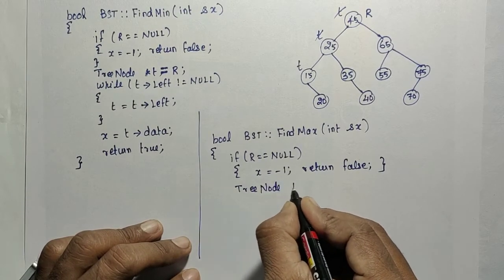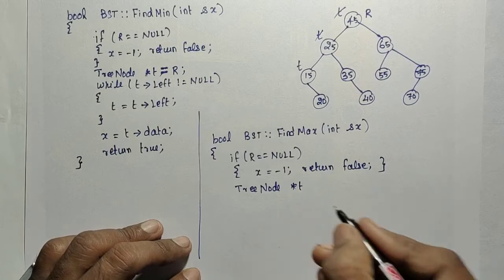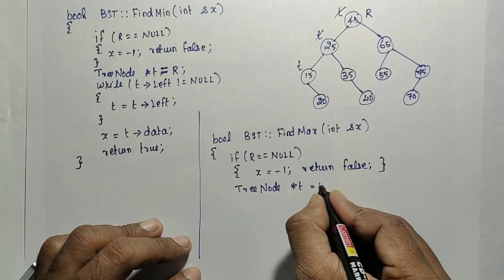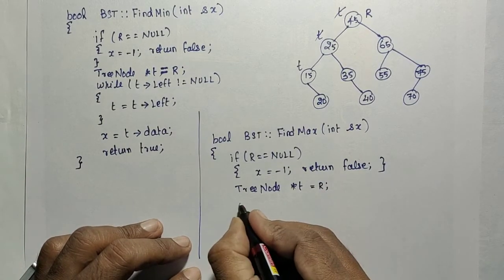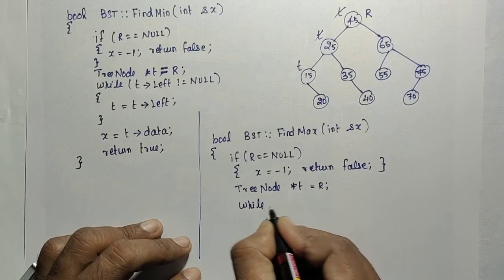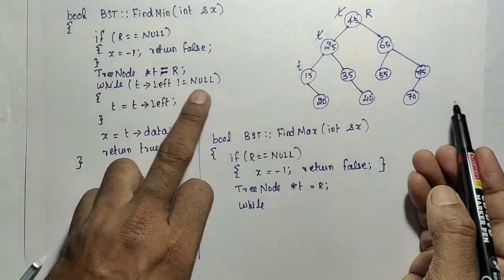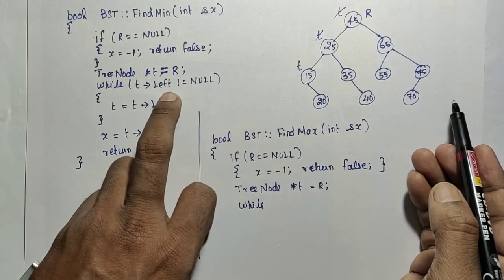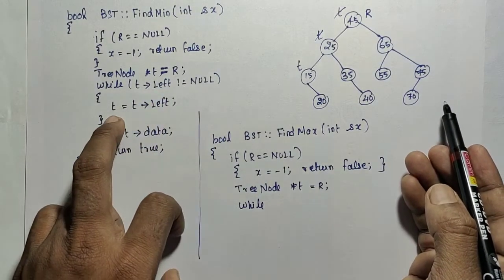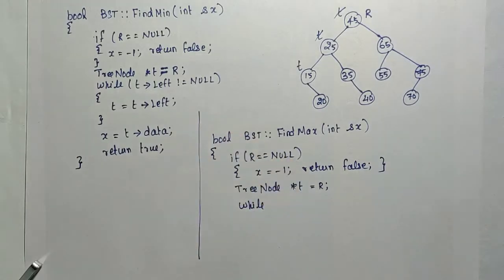Otherwise I need to introduce a temporary variable, tree node star t, which is equal to r initially. Now I need to find the rightmost element. So instead of checking t of left not equal to null, I need to check t of right not equal to null. I have to keep on moving t to the right side.